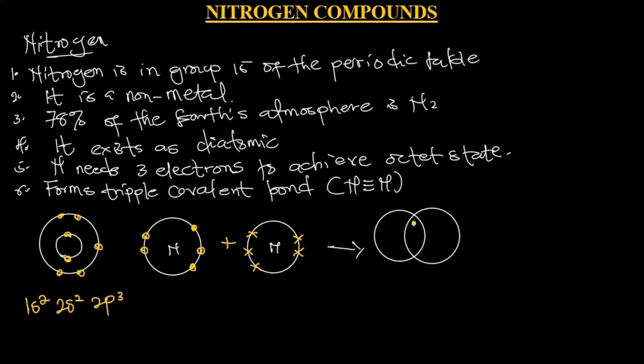So I have 3 dots and 3 crosses, indicating the triple bond. Now on each nitrogen atom, I have 2 electrons left. So 2 on this, and then 2 on this. So this is a dot and cross diagram for nitrogen gas N2.